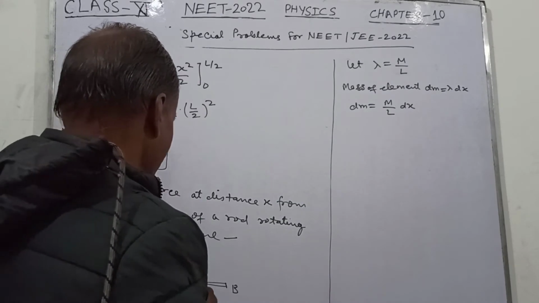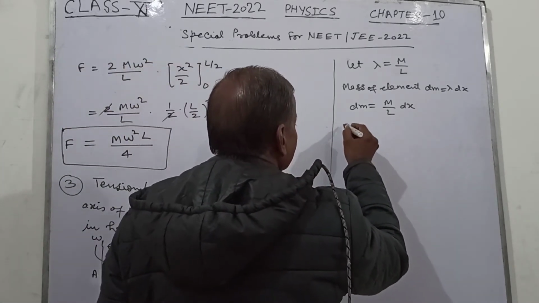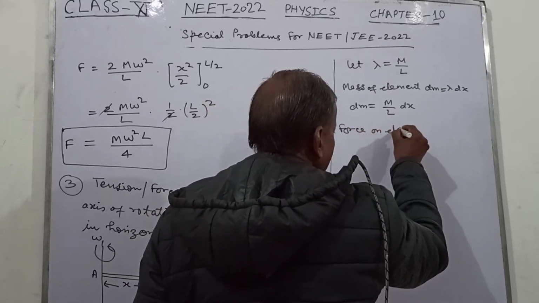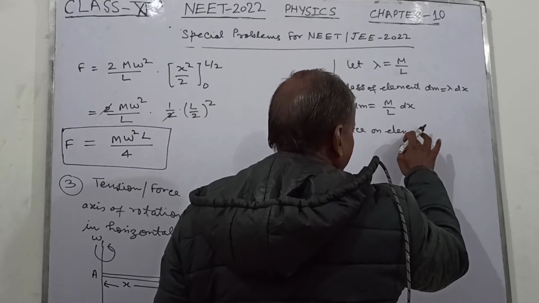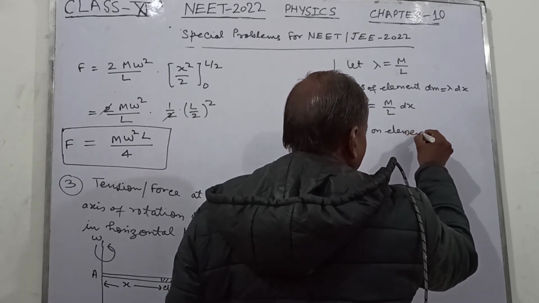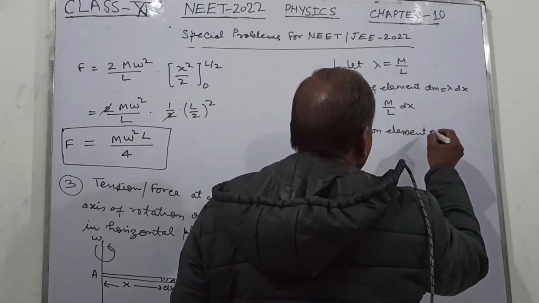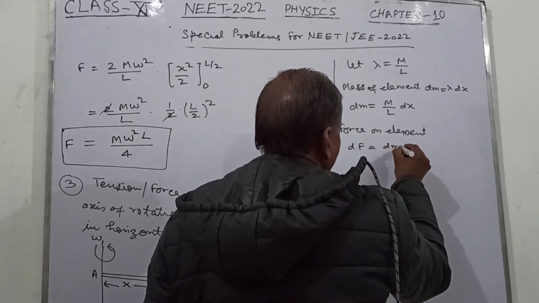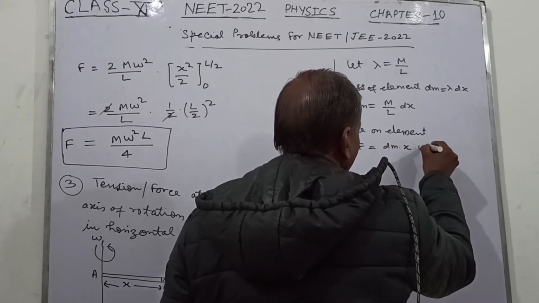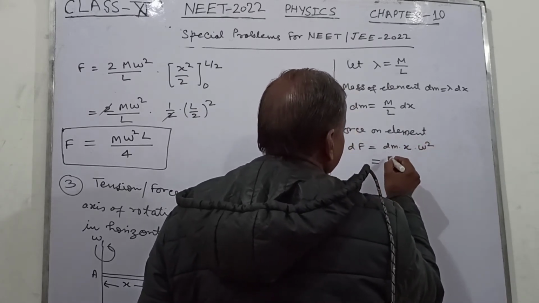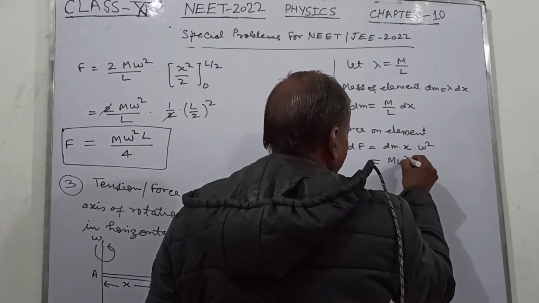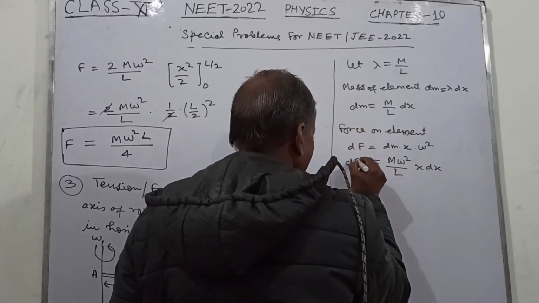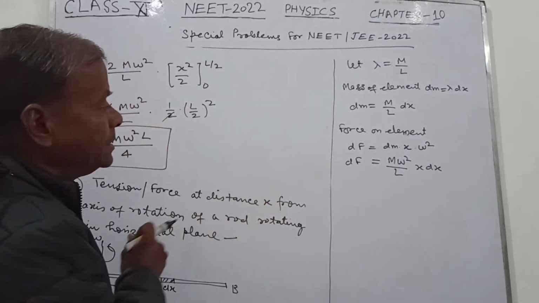Now the force on the element, dF, is equal to dm into x into omega square. So this is m omega square upon L into x dx. We have to find it here.